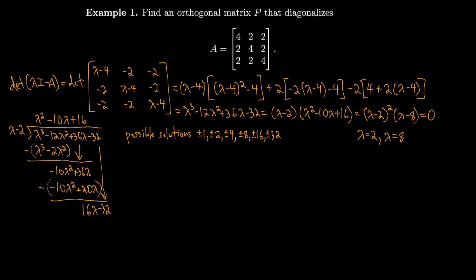So now let's look at the equation lambda I minus A times x equals 0 so that we can identify the eigenvectors.